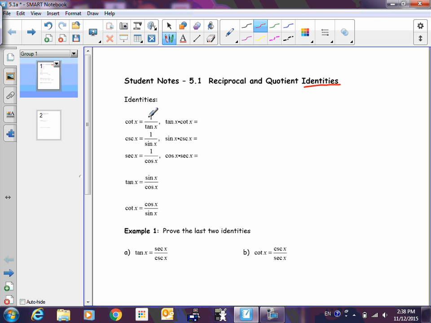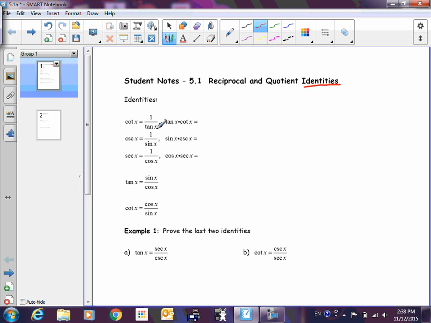So this is a part of information we've already done that you need to know. But these are the reciprocals. So what do you think happens when I multiply two reciprocals together? Like, what's 2/3 times 3/2? 1. Okay? Do you think that always happens when you multiply reciprocals together?